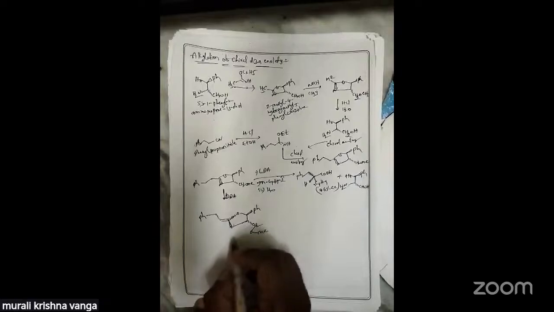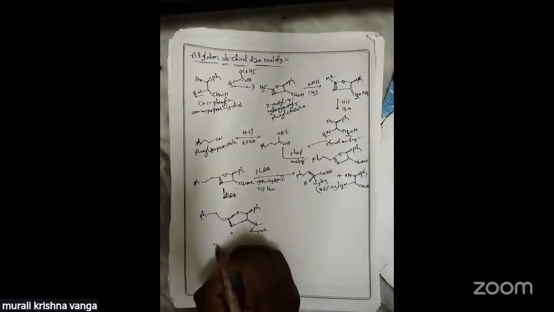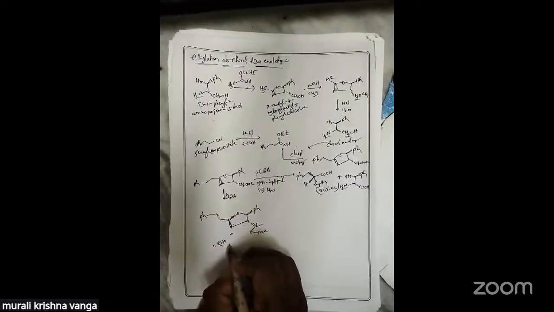Then this compound reacts with an alkylating agent like n-tertiary butyl iodide.